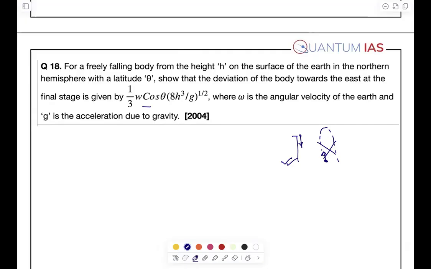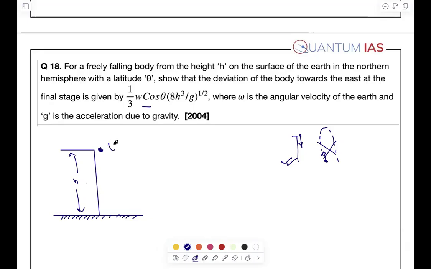In this question, let's say this is the tower, and the height of the tower is h. We are not throwing a ball, it is freely falling.